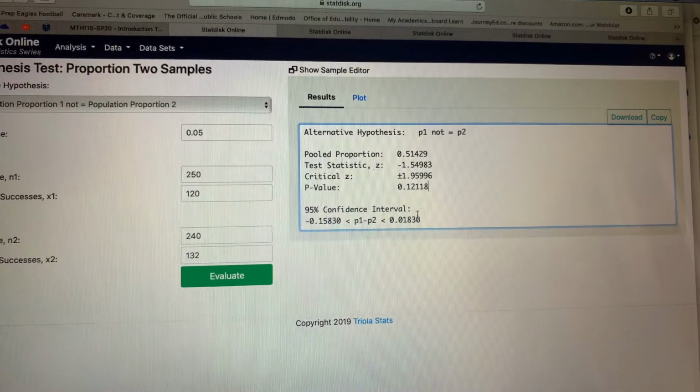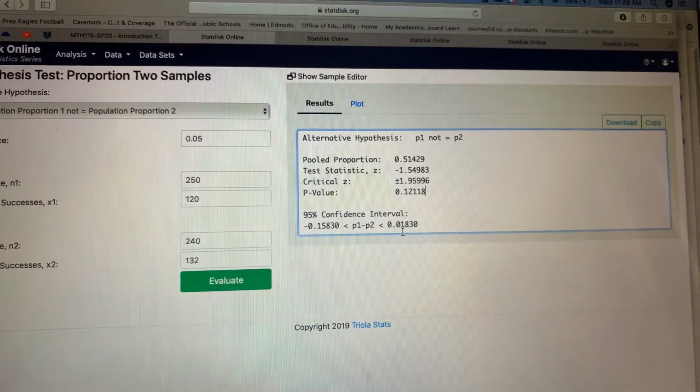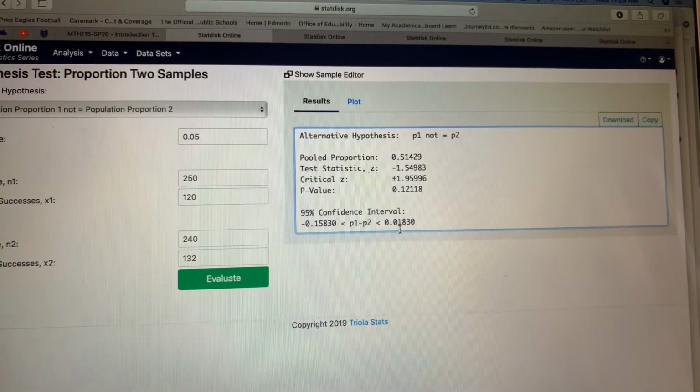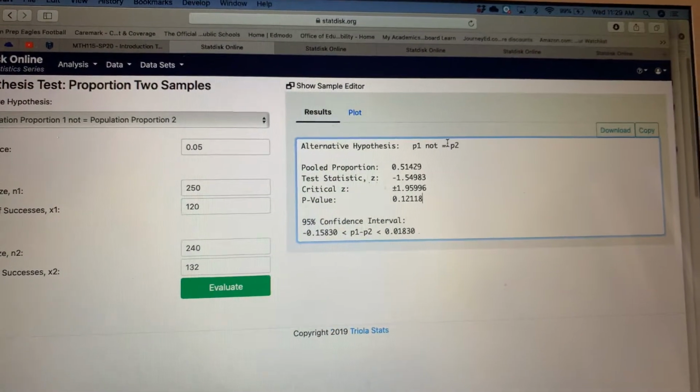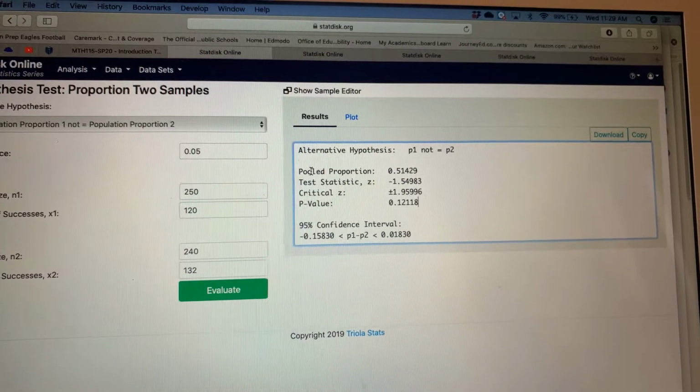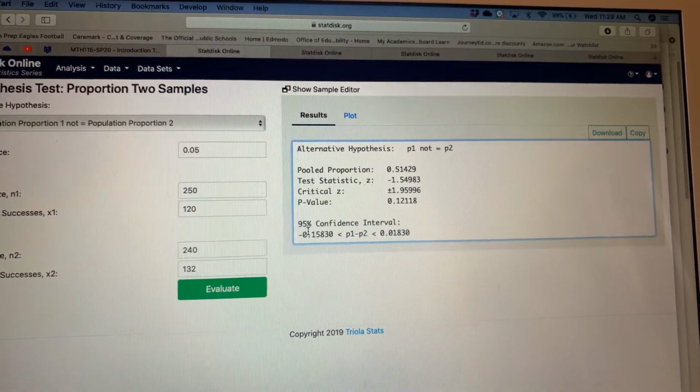Now, I know a lot of you are confused because it also includes a confidence interval. Every significance level has a corresponding confidence level. If the alternative hypothesis is not equal to, if it's a two-tailed test, then it's really easy to find that corresponding confidence level. 0.05 goes with 95%.